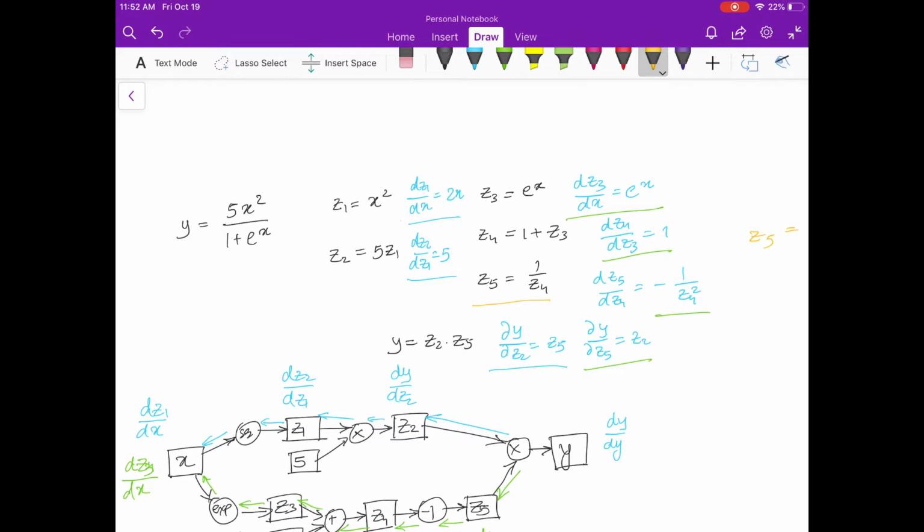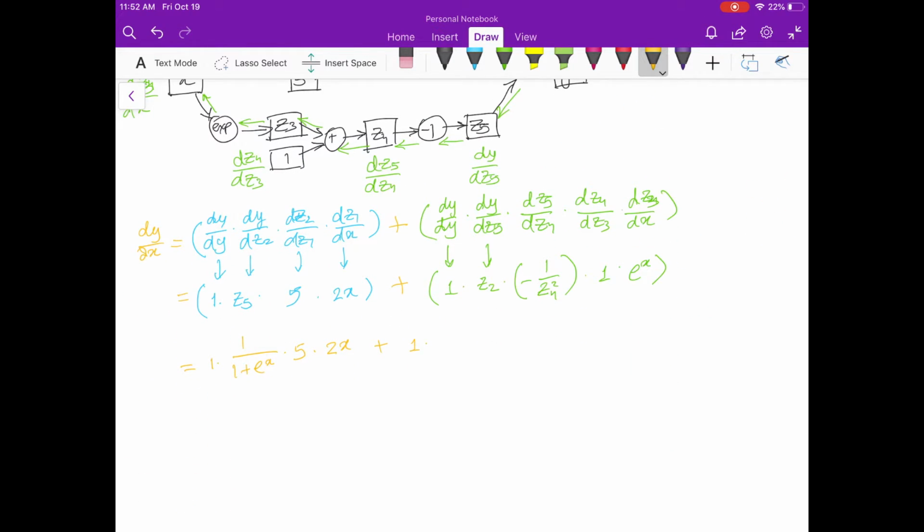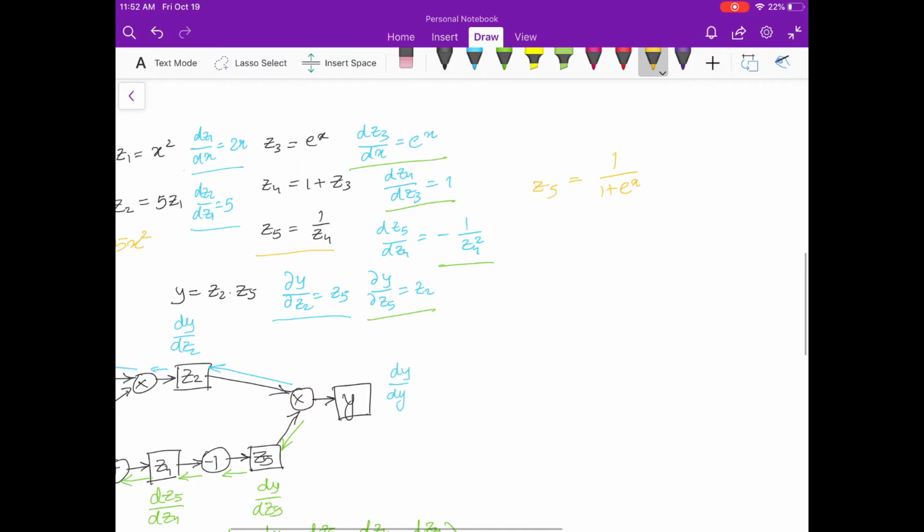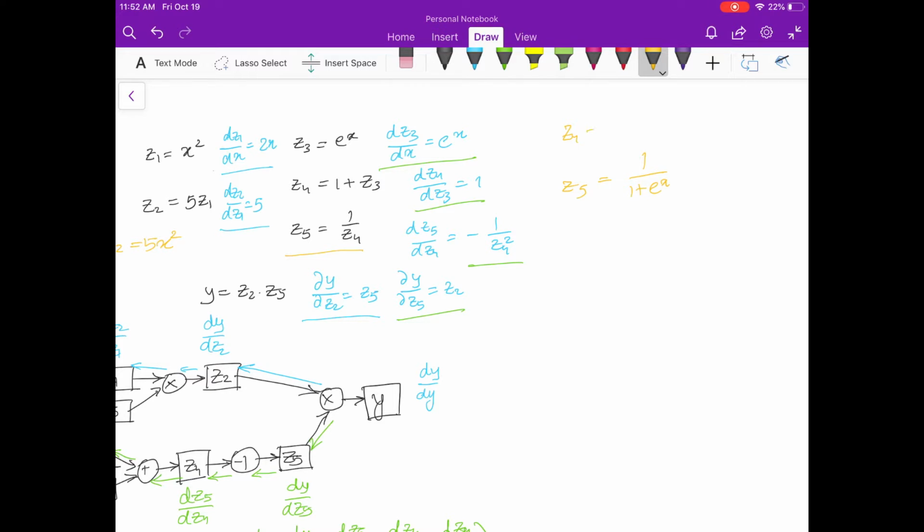z2 is 5 times z1, which is 5x squared, right? So if I substitute z2 all the way through, it's simply 5 times x squared. And then negative 1 by z4 squared, if I substitute z4 all the way through, is 1 plus e to the power x, right?